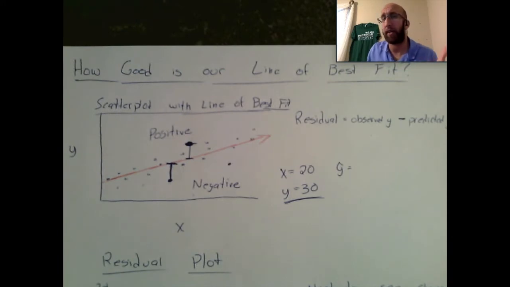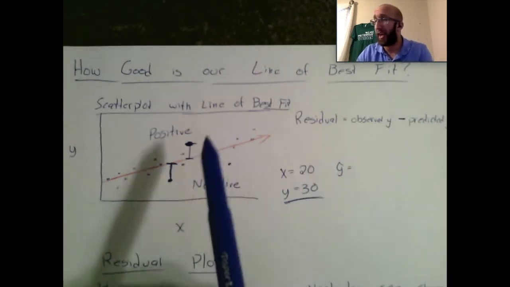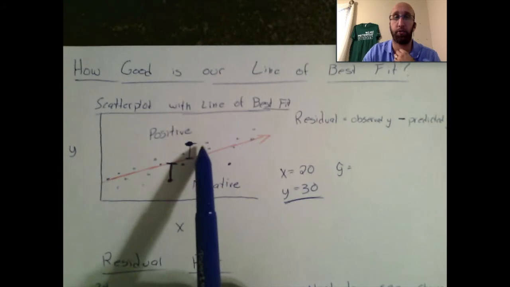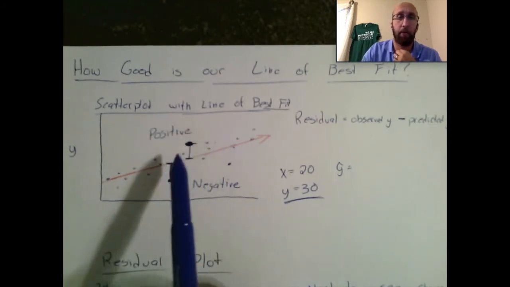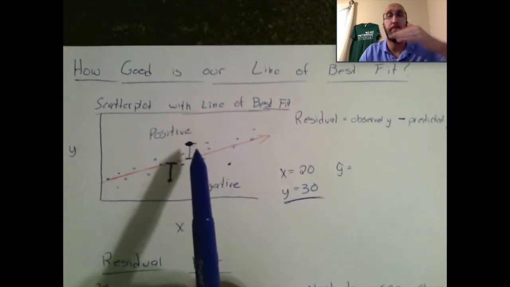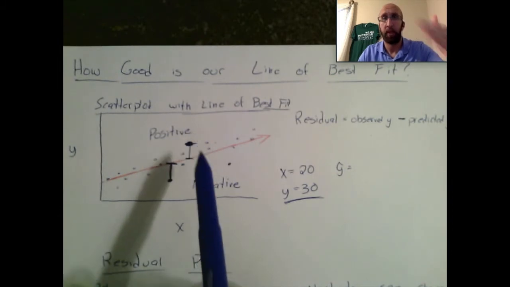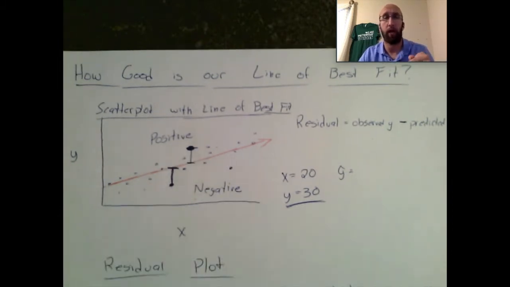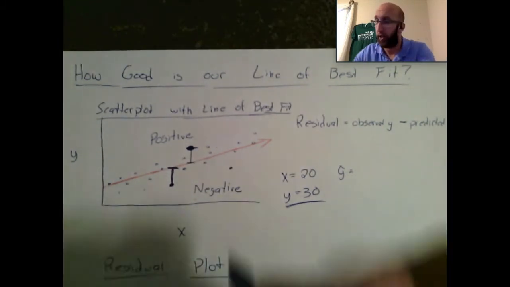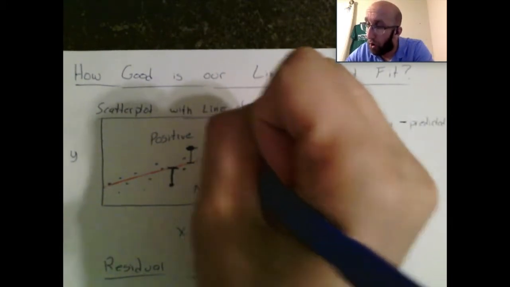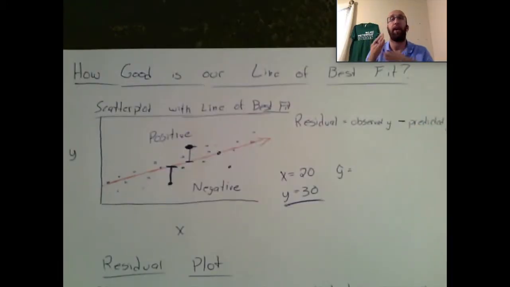Now, again, with context, who knows if that's a good or a bad thing? Maybe we want to come in lower than our predicted. Maybe we don't, okay? So the context and the interpretation of residuals is any data point that is above our line of best fit did better than our prediction, and any data point that is below the line did worse than our prediction. Any data point that falls on the line, that means we ended up right as predicted, okay? We hit our prediction, okay?